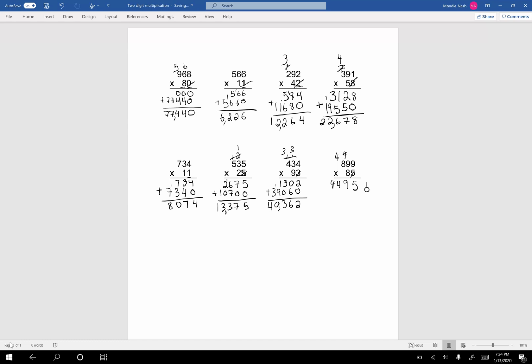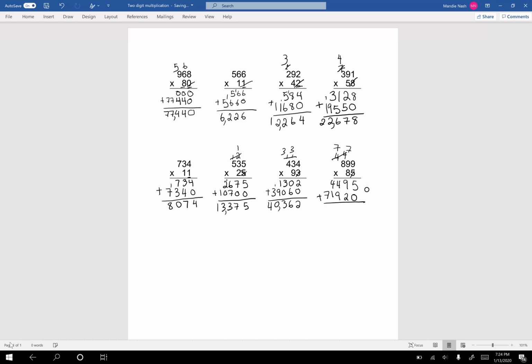Cross everything off that I'm not using anymore. Place my 0 as a placeholder, and then 8 times 9 is 72. Carry the 7. 8 times 9 is 72, plus 7 is 79. Carry the 7. 8 times 8 is 64, plus 7 is 71.